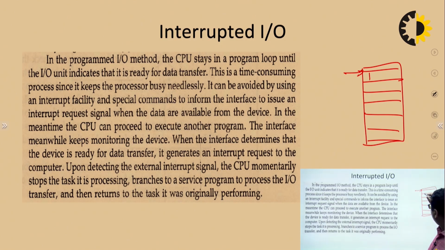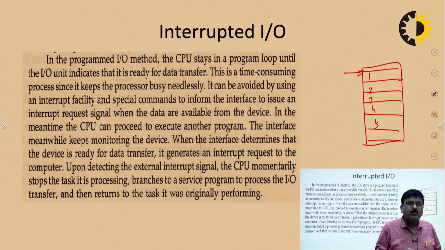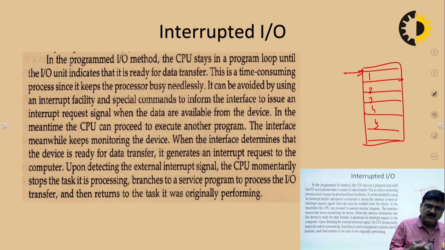Suppose 1, 2, 3, 4, 5, 5 words are to be transferred. It also tells whether it is a read or write operation, whether we have to read from or write in the memory. By telling this information, the CPU transfers its right of working to the DMA.